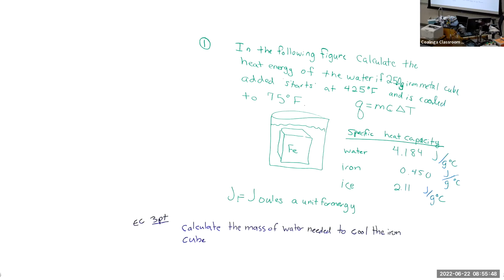Isn't it 1.84 for water? That's it. Grams. J divided by 3, I think. We can try it.